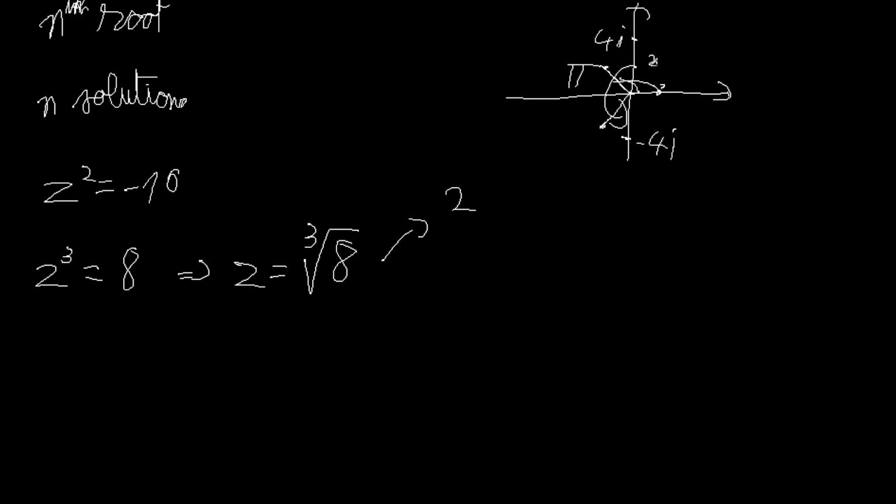This is 2/3 pi. So this is going to be 2 times e to the i of 2/3 pi, and this one is going to be 2 times e to the i of minus 2/3 pi. There you have it. Now I hope you can solve these equations.